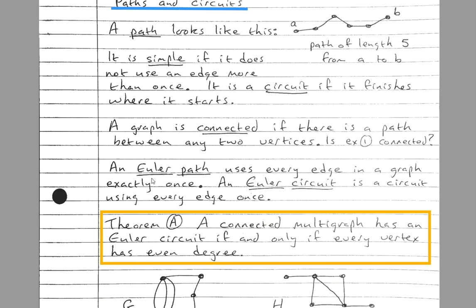Next, an Euler path is a path in a graph that uses every edge exactly once. So it's necessarily simple, but it uses every edge. And an Euler circuit is the same thing, it just gets back to the beginning.